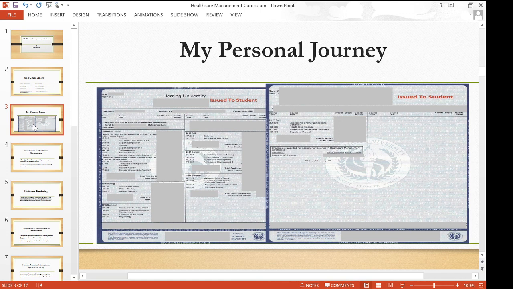You might start taking the healthcare management courses in your sophomore or junior to senior years, but in your freshman year, you will be taking a whole lot of the core prerequisite classes needed in this program.